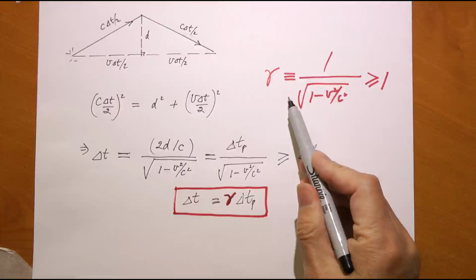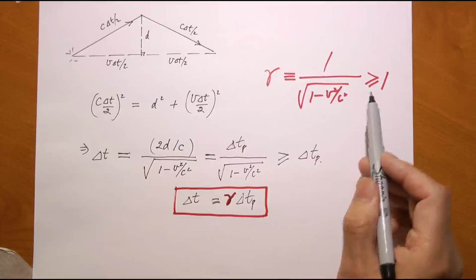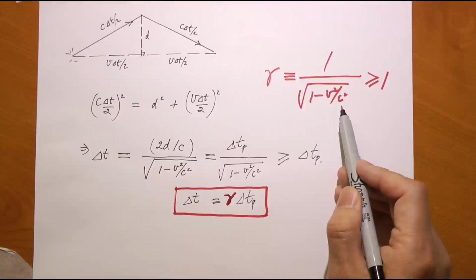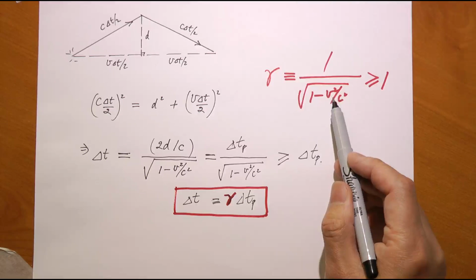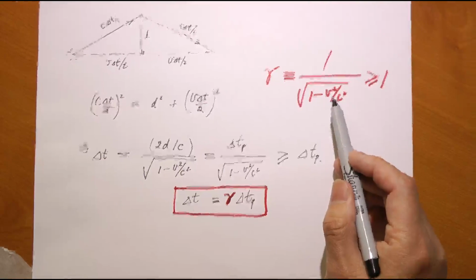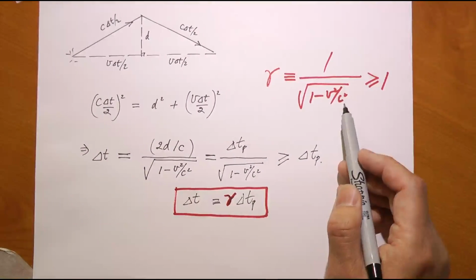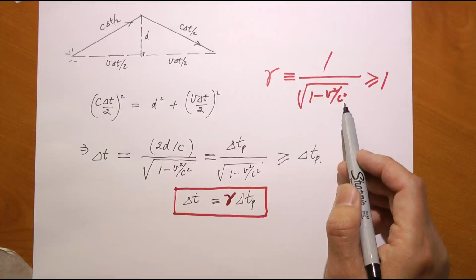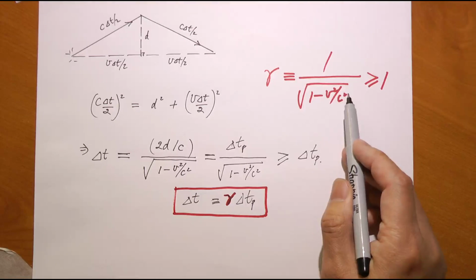This gamma factor is greater than or equal to 1, and usually it's pretty close to 1 actually, because v is usually a lot less than c. Even if you use the speed of sound for v. Speed of sound is how much? A few hundred meters per second, but the speed of light is 300 million meters per second. So v over c would be 1 in a million. Squared is even smaller, so this factor here is negligibly small.